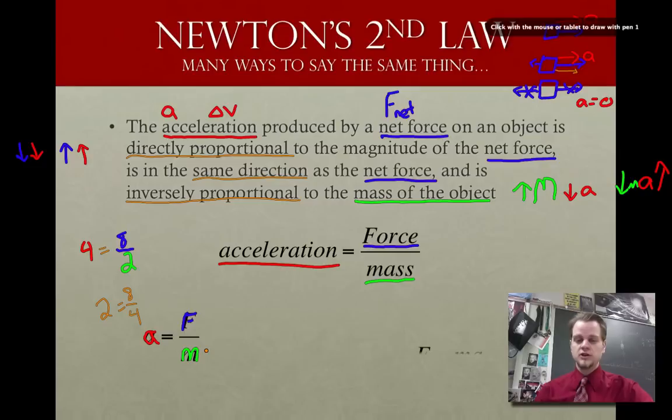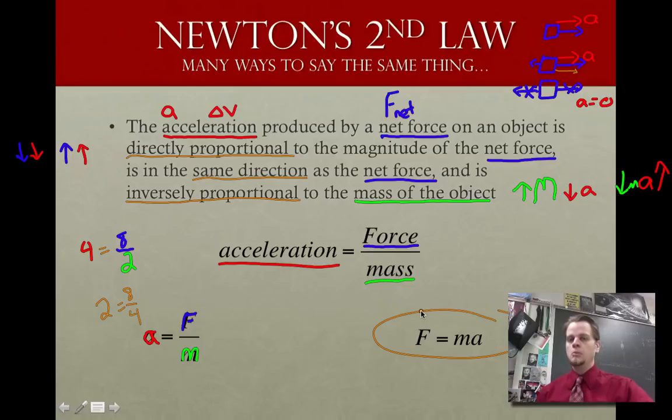Another way to look at it is F equals ma, and this is actually the one that you're going to see a lot. That's a typical way. The other form tells you more about what the law means, but this is the way people remember it. I don't know why, but that's just the way it goes. So really, that's Newton's second law.